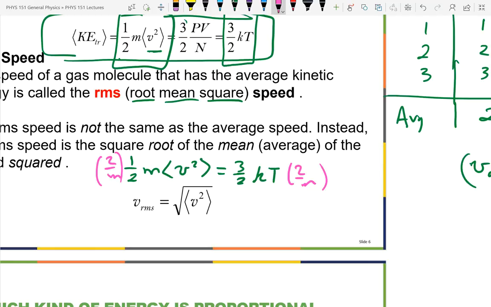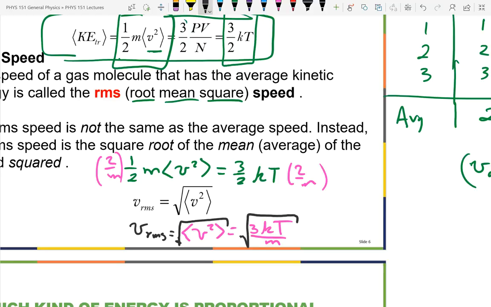And you get... if I want to find the RMS speed, I have to square root. So VRMS is equal to square root of that, which is the square root of 3 kT over m.